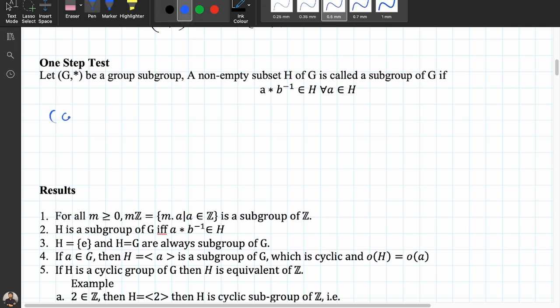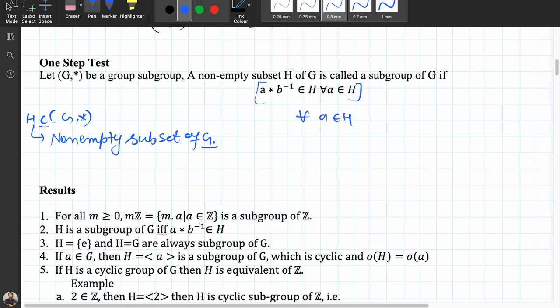If you have any group G star, and H is a non-empty subset of G, then this H is said to be a subgroup if it holds this property: for every a belonging to H and b belonging to H, a star b inverse also belongs to H. This is the simple property. Now we'll see how it will work.